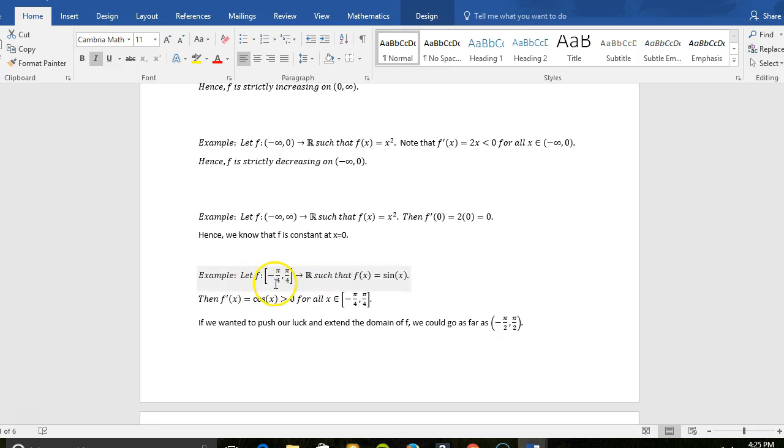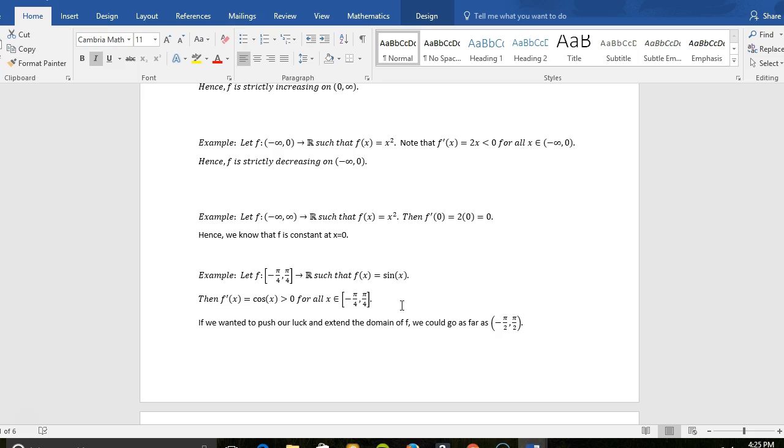Now let f be a function from negative pi over 4 to pi over 4 into R such that f of x equals sine x. Now f prime is going to equal the cosine of x, and that's going to be strictly positive for all x in negative pi over 4 to positive pi over 4. That's actually really overly strict, to be honest. If we wanted to push our luck as far as we could, we could go on the open interval from negative pi over 2 to positive pi over 2, and this would still be good.